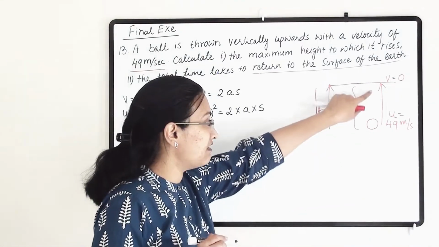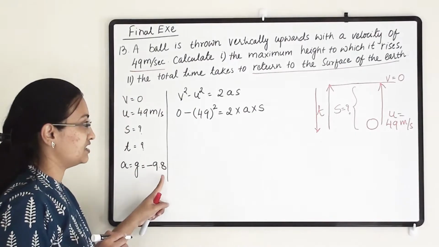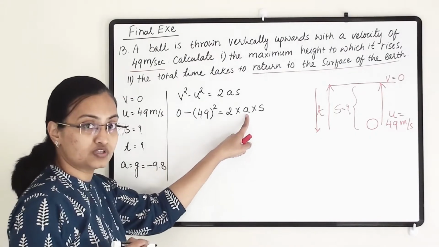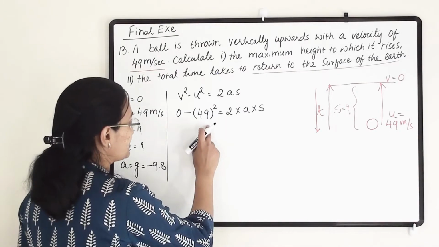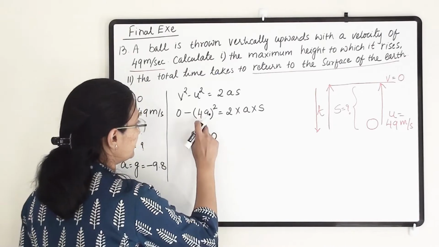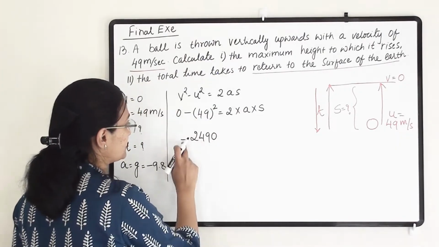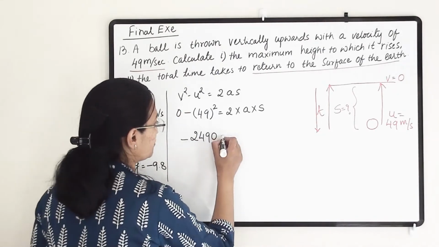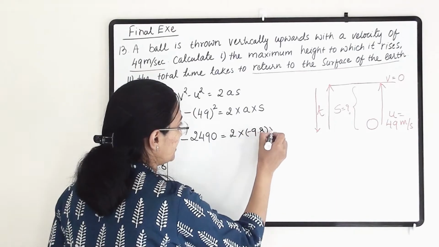But this is against gravity, so this is going to be minus 9.8. 49 square, so we are going to get 2401, that is 49 into 49, and minus because of this sign we are keeping here. So here we are going to get 2 into minus 9.8 into s.